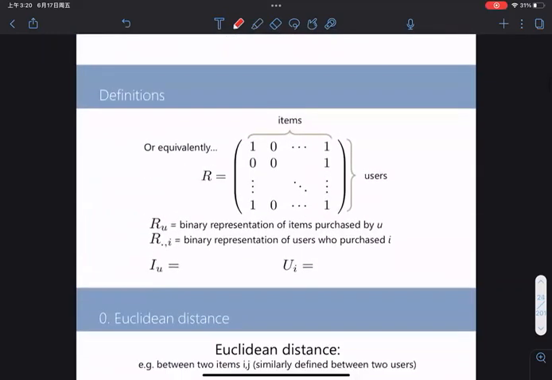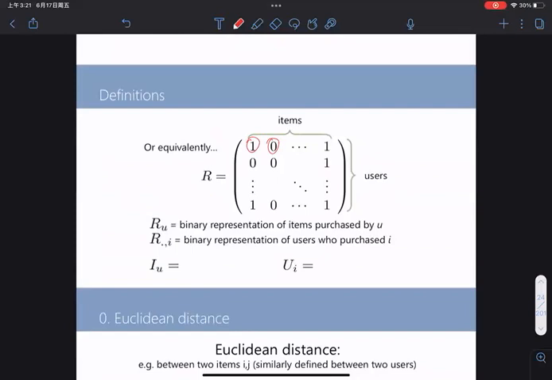And there is another way to express this by using the matrix R. The columns are each item, and the rows are each user. Zero means the user hasn't interacted with the item before, and one means the certain user purchased this item before.